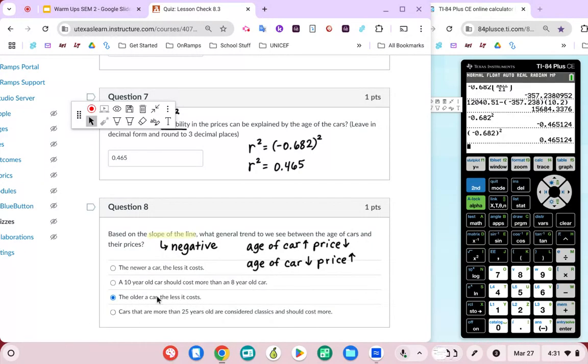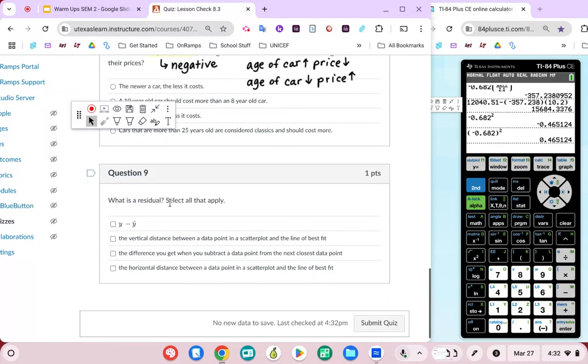So this is just basically describing if we had some classic cars that were worth a lot of money in our scatter plot, they may be extreme values. They may be outliers because they're not going to follow the trend of the equation that we have of the majority of vehicles. As soon as you drive it off the lot, remember it drops in price. So the older it gets, the lower the price.